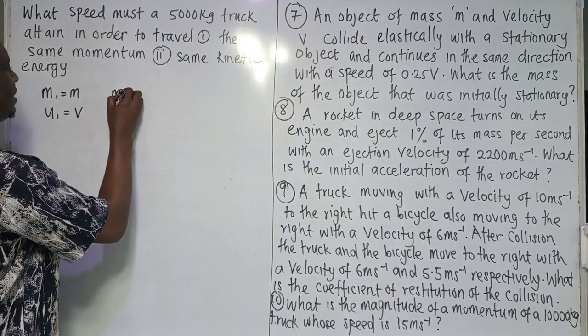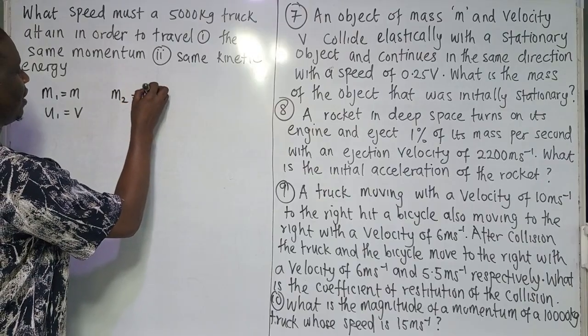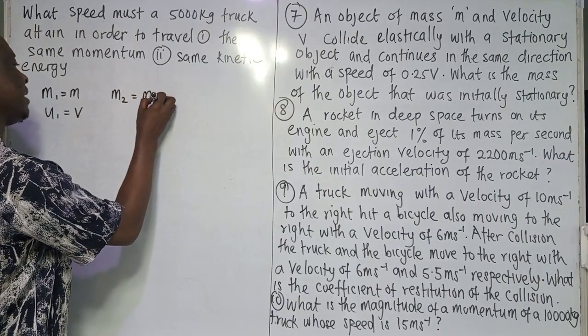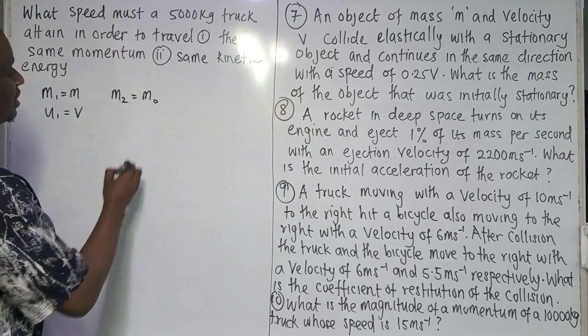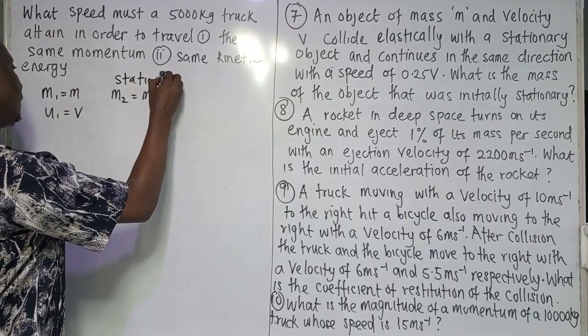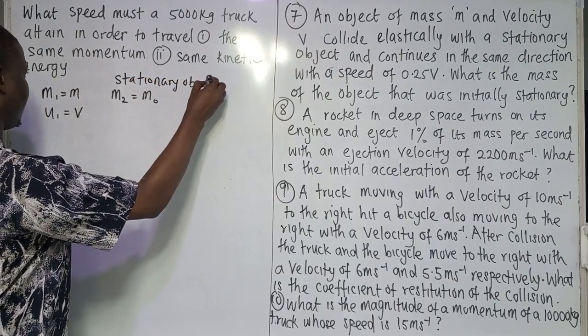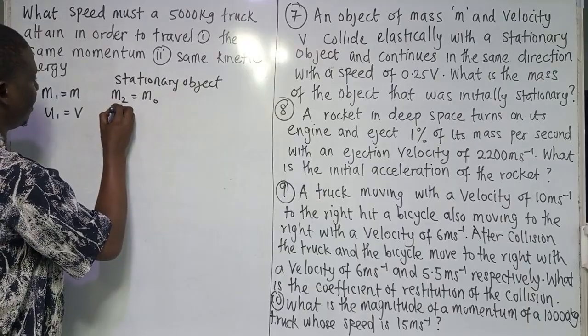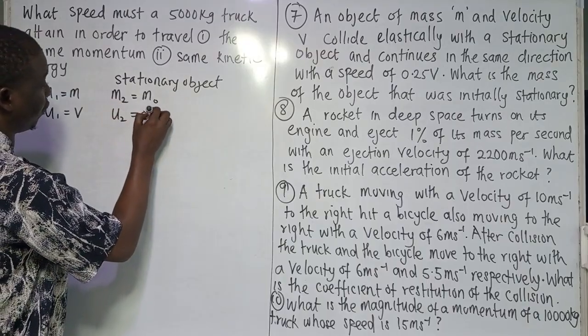So let's say the M2 is M0. This is the stationary object. Then let's say U2 is equal to 0.